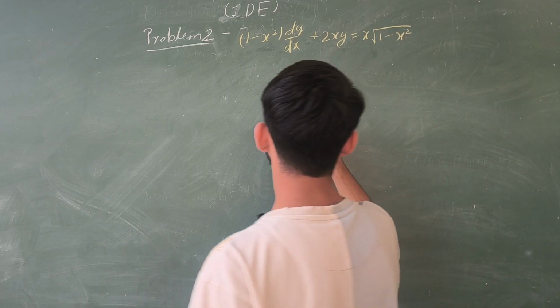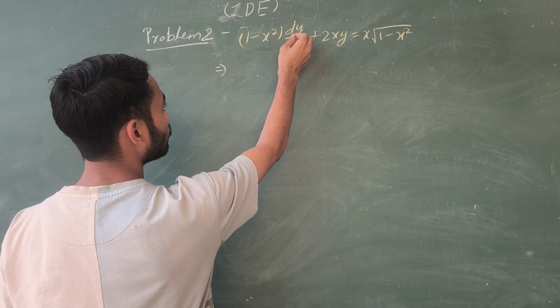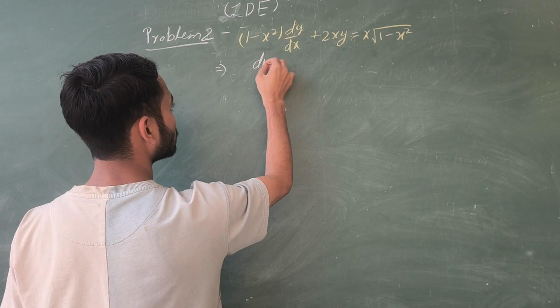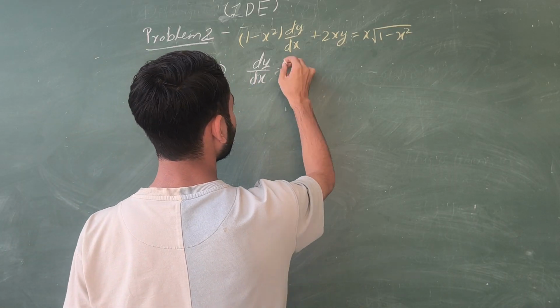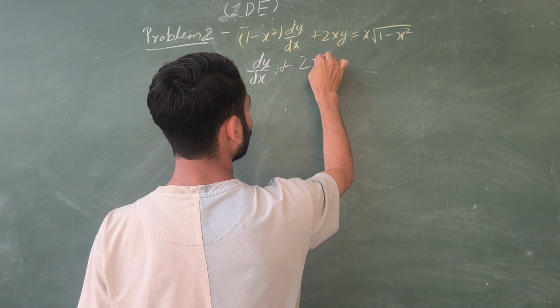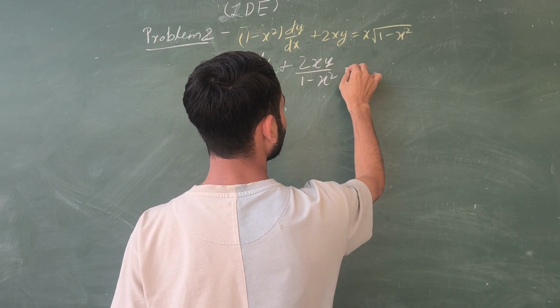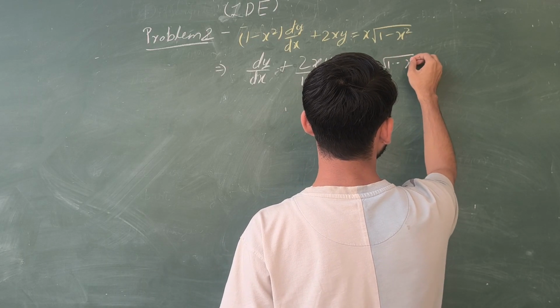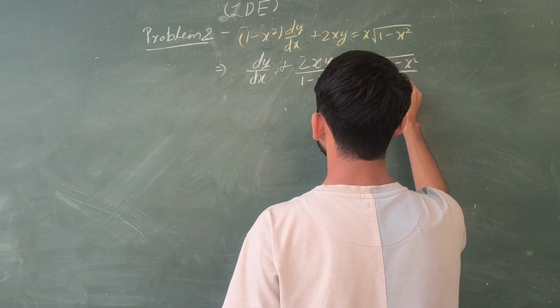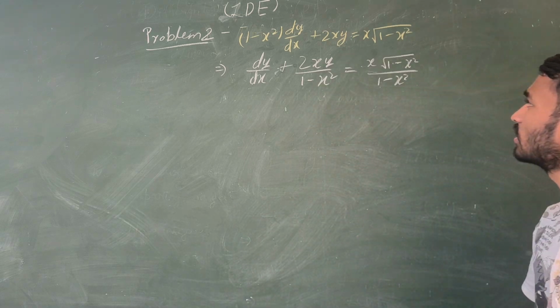So first of all, what we'll do, we will shift this 1 minus x square: dy by dx plus 2xy divided by 1 minus x square is equal to x under root 1 minus x square divided by 1 minus x square, right?